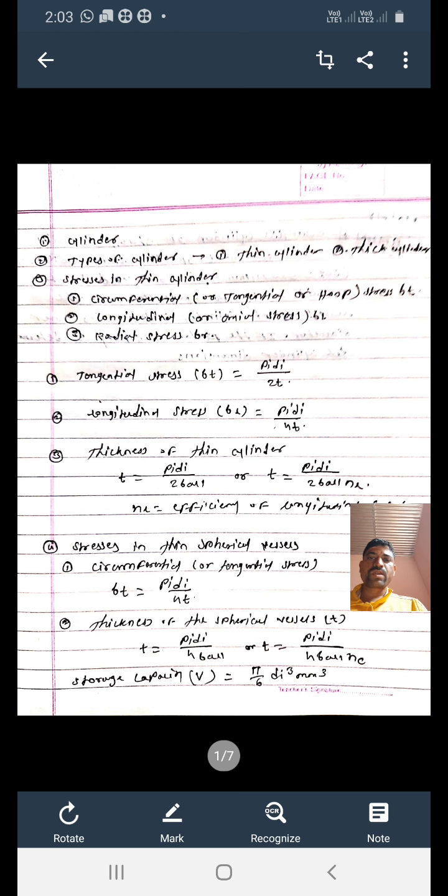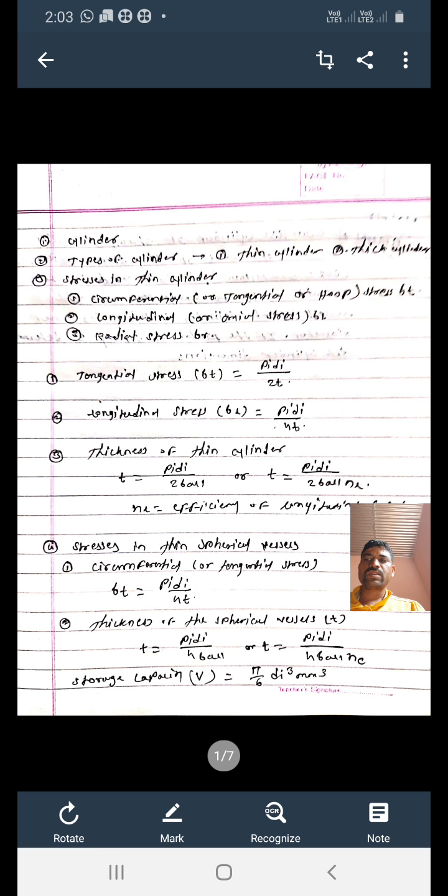After that, we have seen the types of the cylinder. There are two types of the cylinder: thin cylinder and thick cylinder. What is meant by thin cylinder? Thin cylinder depends upon the cylinder wall thickness.